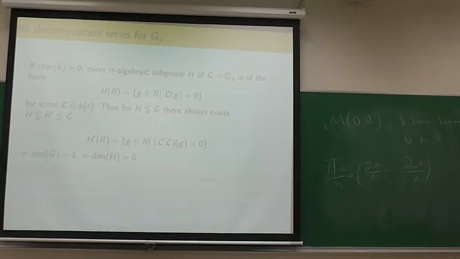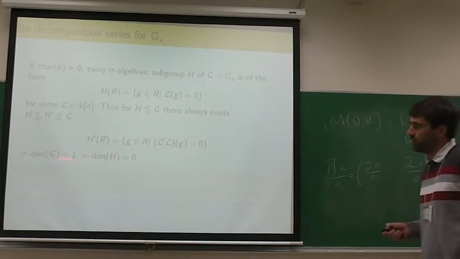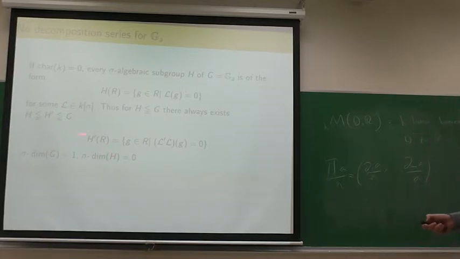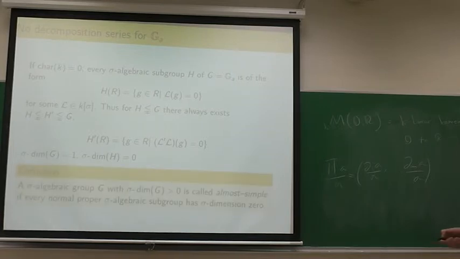So compared to G, the dimension of the subgroups is really small, and we take that as the definition of almost simple. We say that a difference algebraic group G of positive difference dimension is almost simple if every normal proper difference algebraic subgroup has sigma dimension 0.